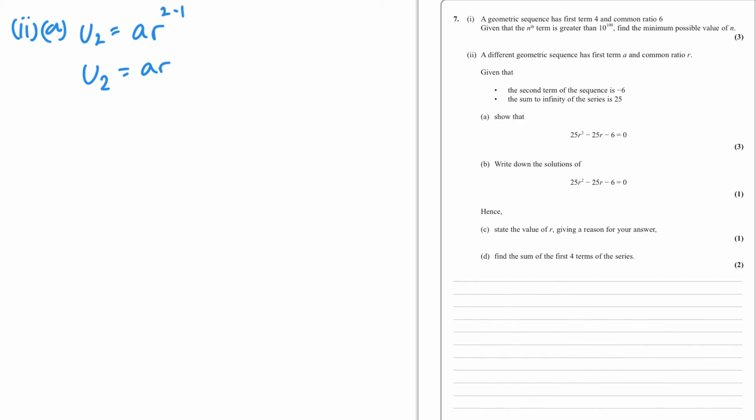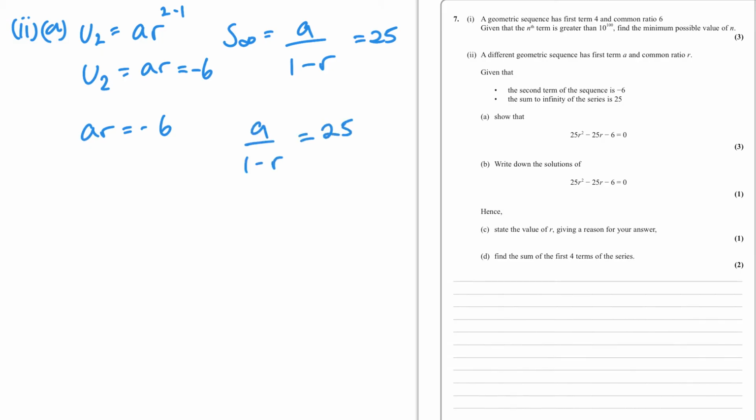Now, sum to infinity, which is A over 1 minus R, should be in your formula booklet. And in our case here, this equals 25. Oh, I forgot to put this one also equals minus 6. So we have AR equals negative 6, and A over 1 minus R equals 25.